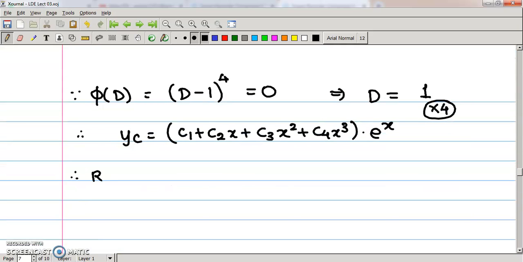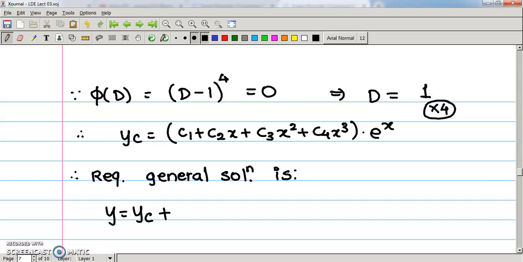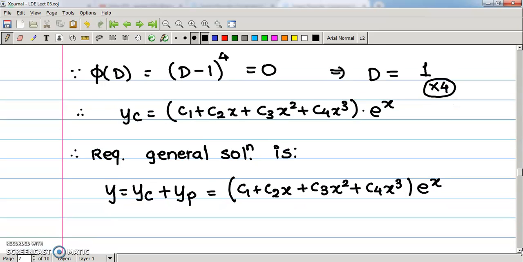Therefore, the required general solution is y equal to complementary function plus particular integral, that is (c1 + c2 x + c3 x^2 + c4 x^3) e^x.